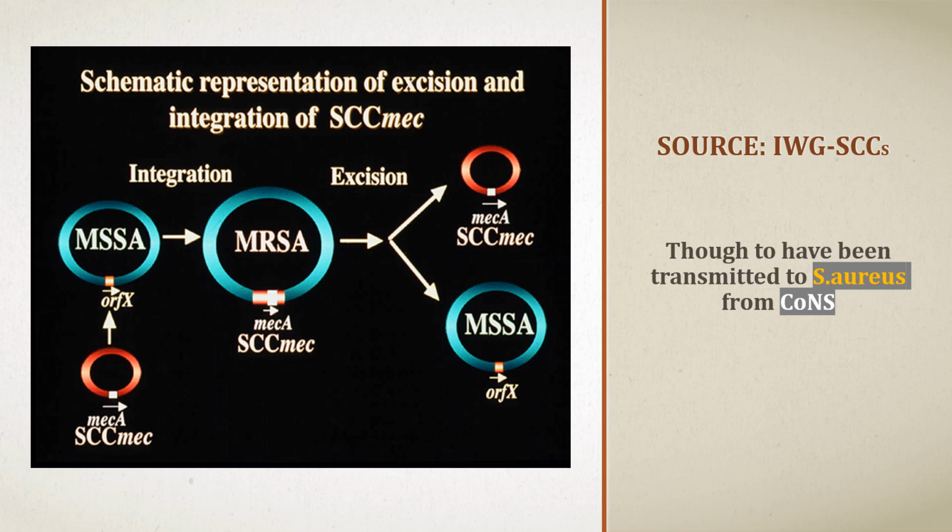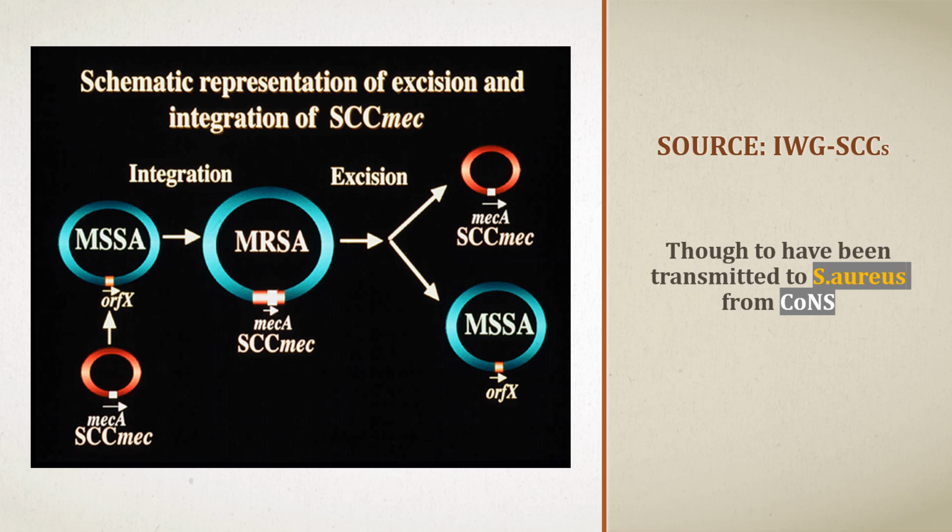And to the right, you can read that the origin of this SCC is thought to be the coagulase negative staphylococci. It's believed that this SCC with its mec gene originated in coagulase negative staphylococci, then was transferred to Staph aureus. And this theory has some evidence.